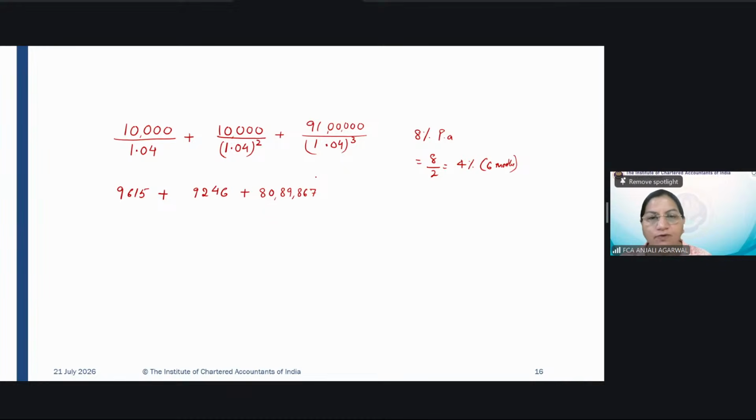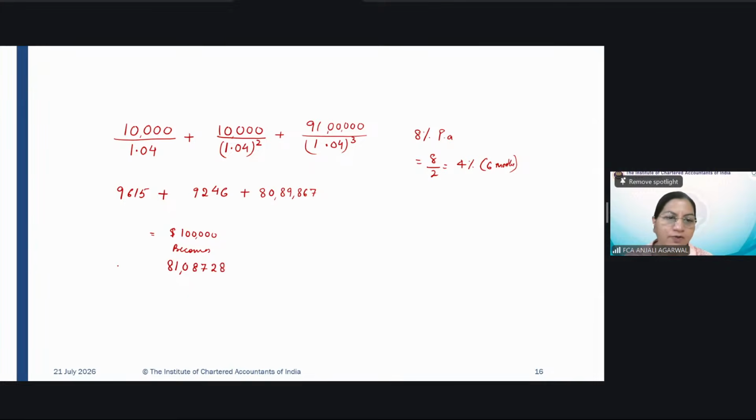So the total inflow is $100,000, which becomes 81 lakh 8,728.